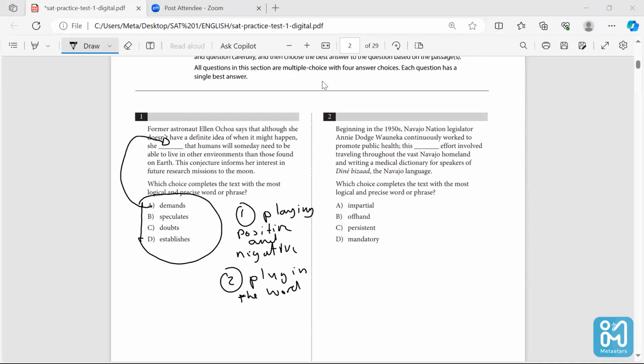Oh, really? If I say, for example, what's playing positive and negative? I'm not sure, I usually use plug-in.